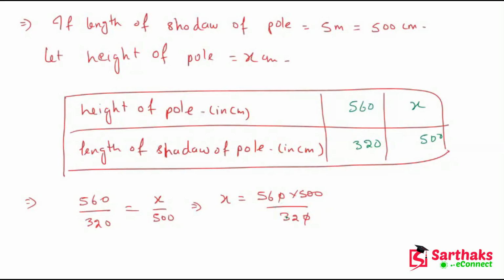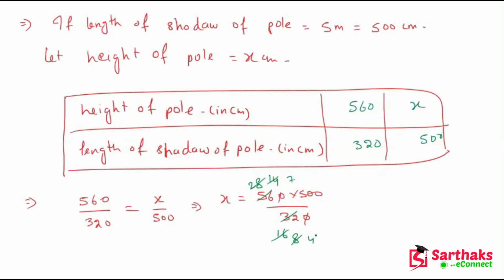Here 32 is cancelled by 2 in 16 times, 56 by 2 in 28 times, again by 2 in 14 times and by 2 in 8 times. So again this is 4 and here this is 7. I hope you understand this thing.